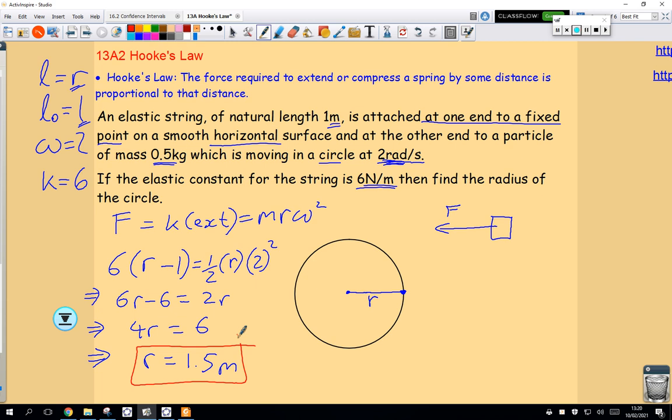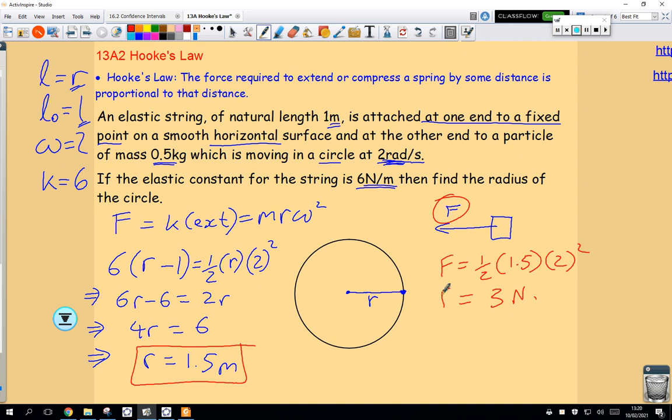The centripetal force here, this value for F, is going to be equal to m r omega squared. So F is going to equal mass half times 1.5 times 2 squared, which works out as 3, I think, newtons. So the string is exerting a force of 3 newtons on the object at all times.